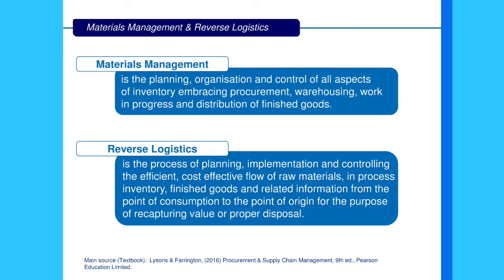products. So reverse logistics, now you can understand, is a process of planning, implementation, and controlling the efficient, cost-effective flow of raw materials, in-process inventory, finished goods, and related information from the point of consumption to the point of origin, for the purpose of recapturing value or proper disposal.